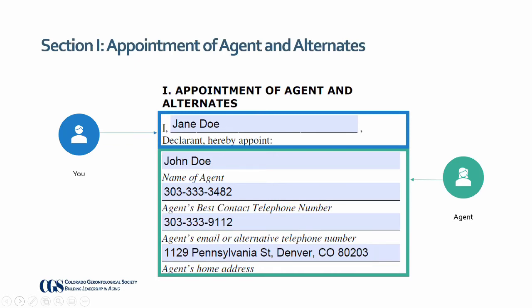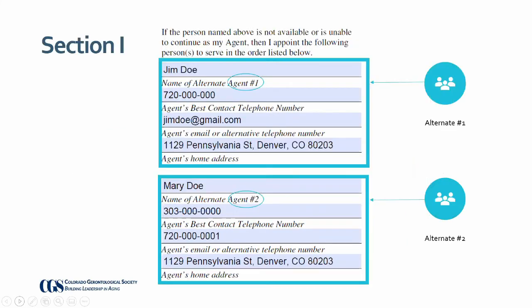So let's go into how you would complete this if you have alternates. It's also section 1, and you have the ability to put two agents. So it's completely up to you how you name agent 1 and agent 2.